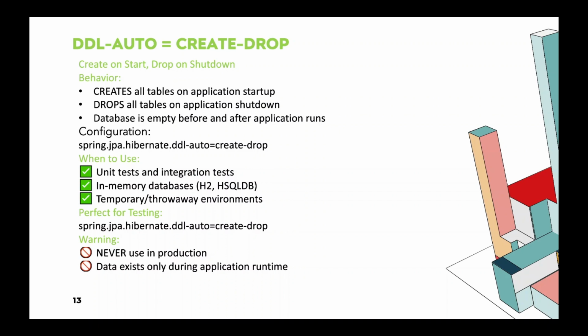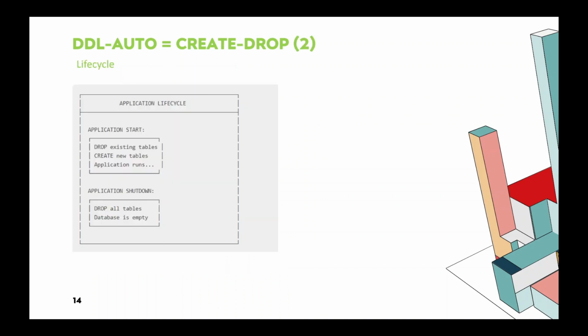When the application starts, it creates tables. You do your operations. When you shut down the application, it will drop all the tables. So before starting the application, or after shutting it down, you see no tables. So never use this for production. If data exists, it will drop it and create the tables, and during shutdown it will also delete the tables.